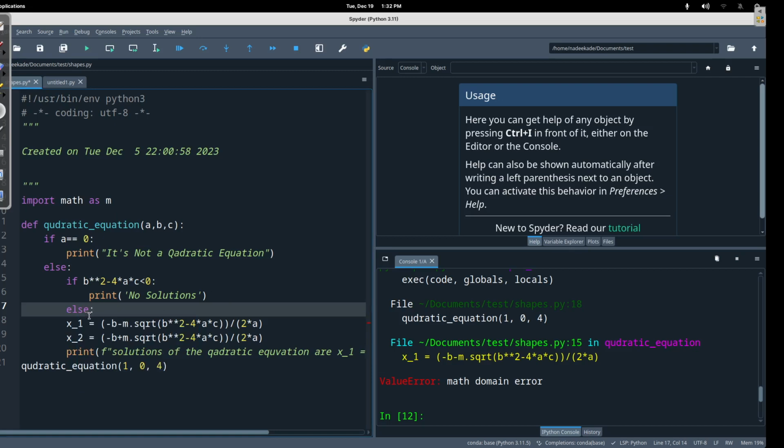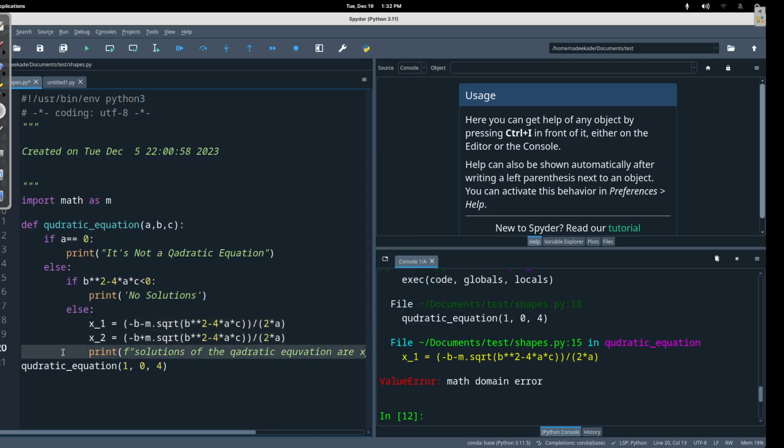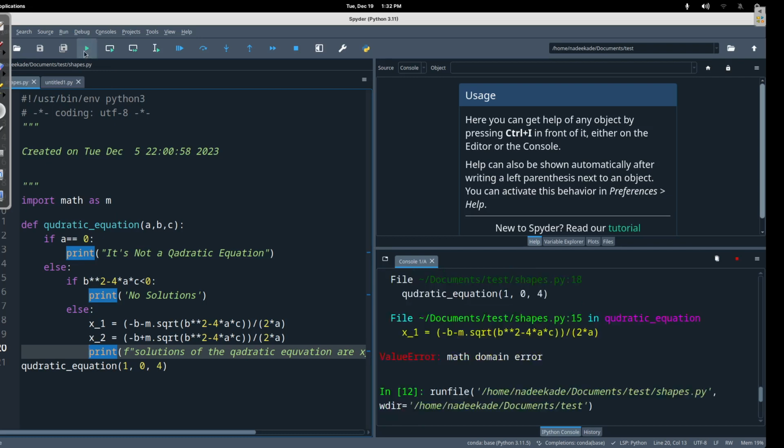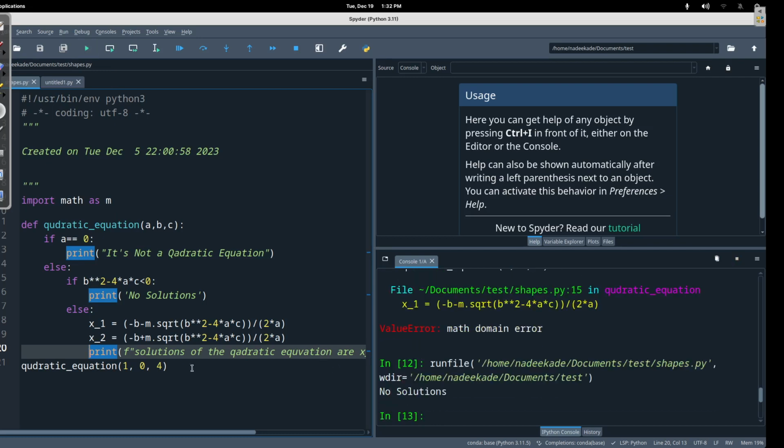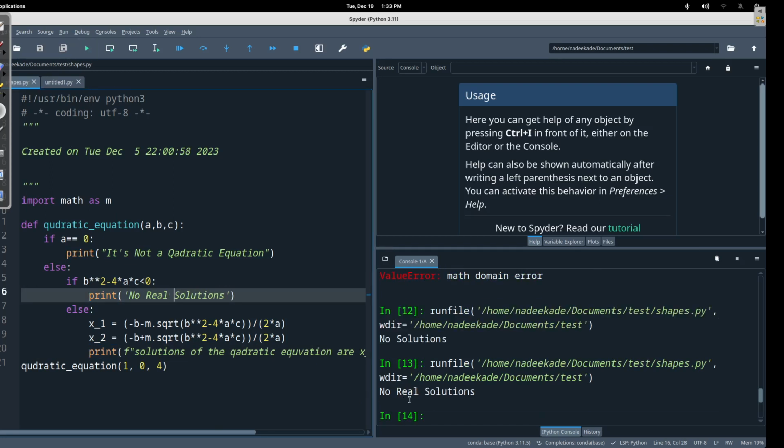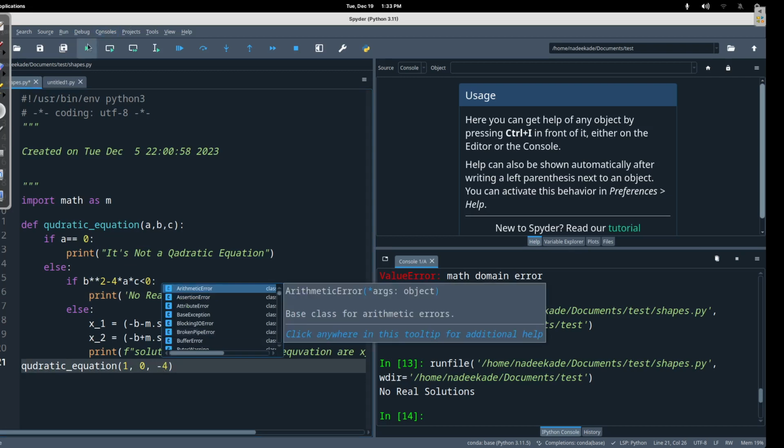Okay, so this one again I have to indent to get inside the else. Okay, so I'll do a tab here, and a tab here. So for this one now, it will say no real solutions. Okay, and if we give the correct one with real solutions, it will still work.